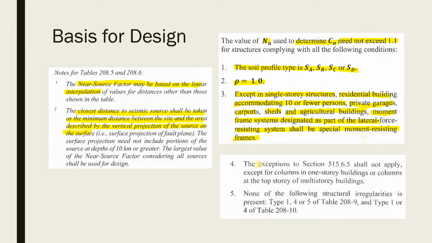Okay, number 4, the exemptions to section 5.5.6.5 shall not apply. Next, none of the following structural irregularities is present. Okay, type 1 to 4 or 5 from table 208-9, type 1 or 4 from table 208-10.